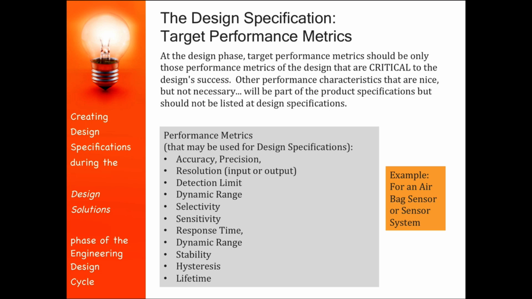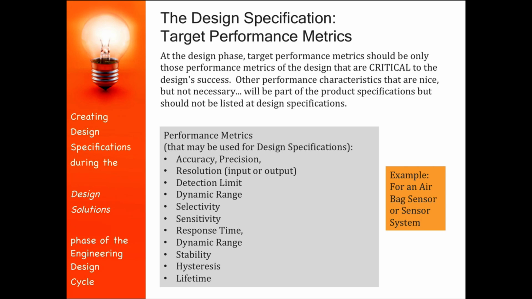Listed here are just a few potential examples of performance metrics that may be used in a design specification for an airbag sensor system. For a safety system such as that used in an automobile, it is likely the detection limit will be a critical performance metric and therefore a part of the design specification.